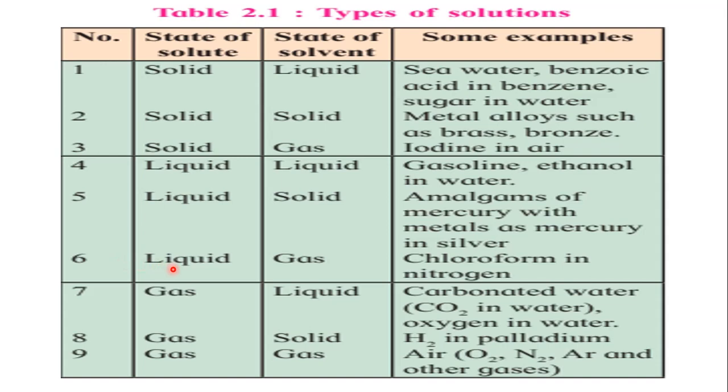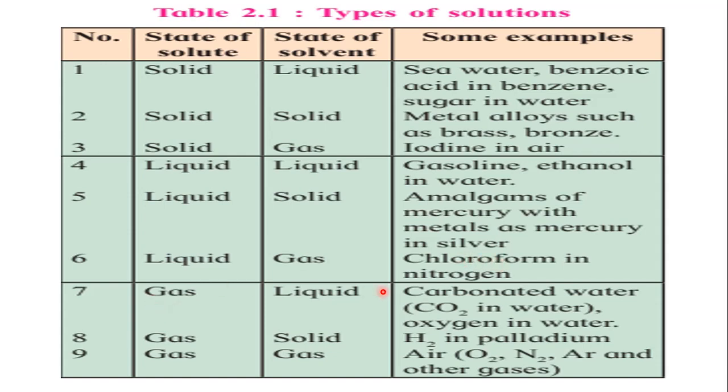Then sixth one, that is liquid in gas. Liquid is a solute and gas is a solvent. So it is a gaseous solution. Example, chloroform in nitrogen. Nitrogen is a gas which is present in a larger quantity, and in that chloroform is present in a small quantity.